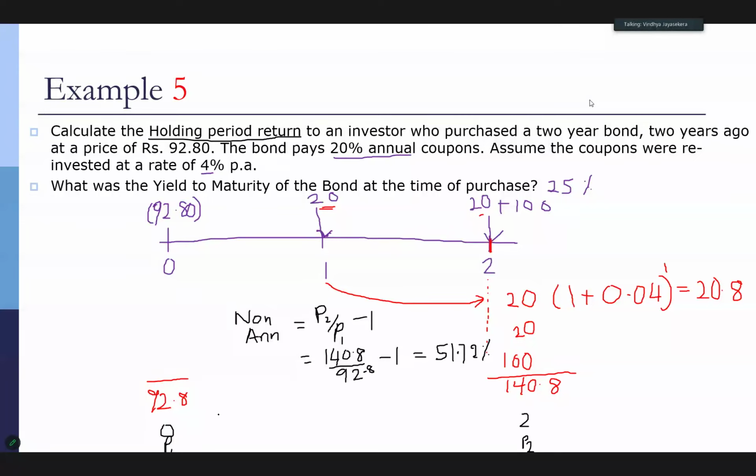To annualize, I have to consider the compounding impact. So for ease, I will use straight away the equation. You can find the AER of this, you'll still get the same answer. So if I wanted to find the annualized holding period return, I'll use the equation future value equals present value times 1 plus r to the power n. It's the same equation, we're just using compounding.